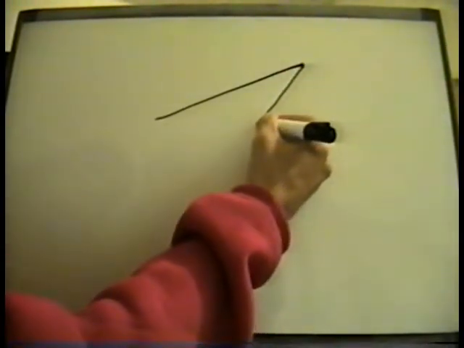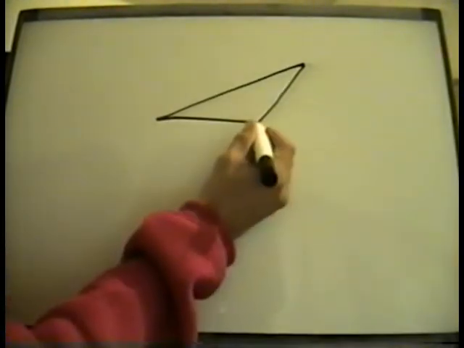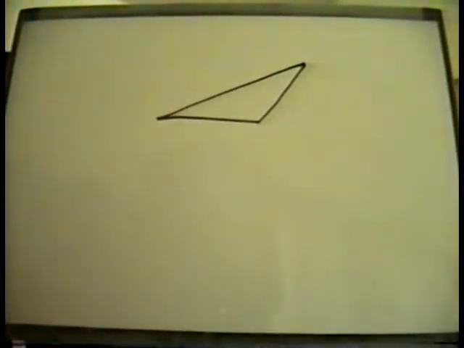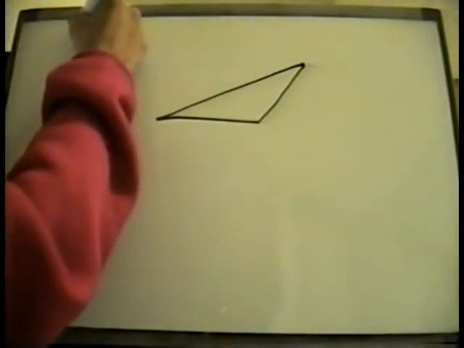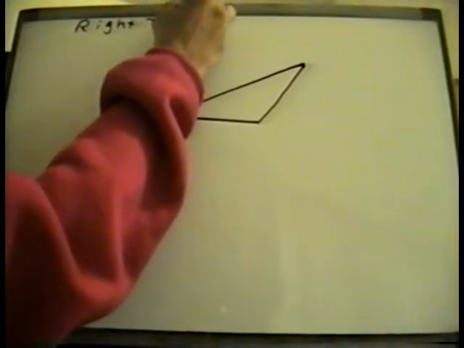Okay, now I want to talk about right triangle methods with scalene triangles or oblique triangles.